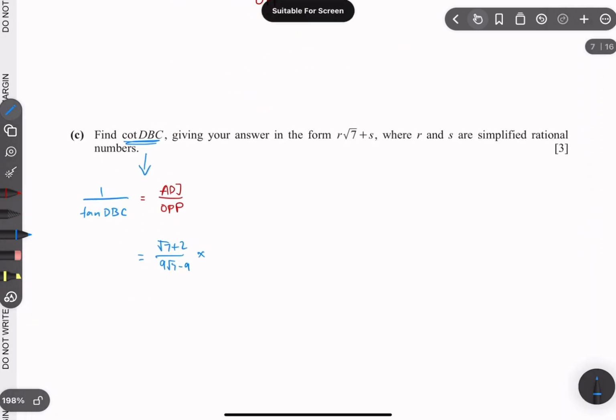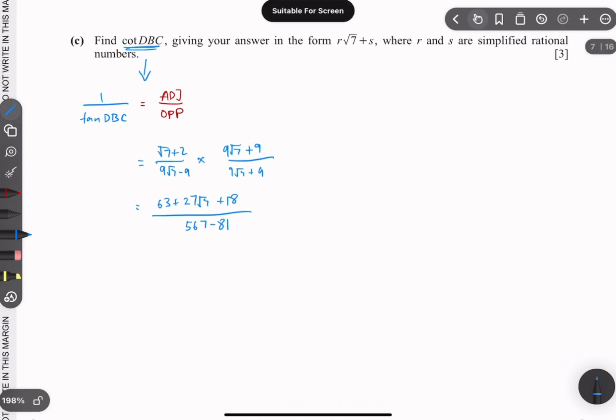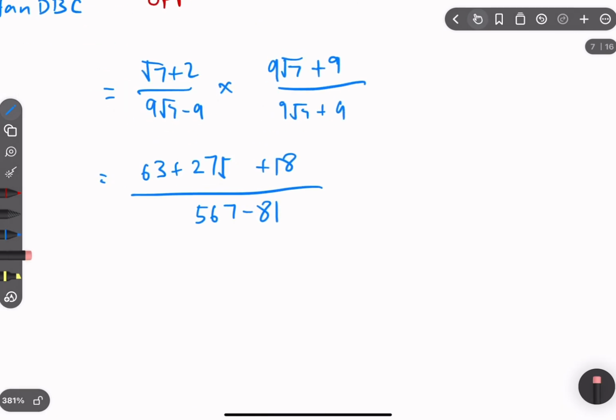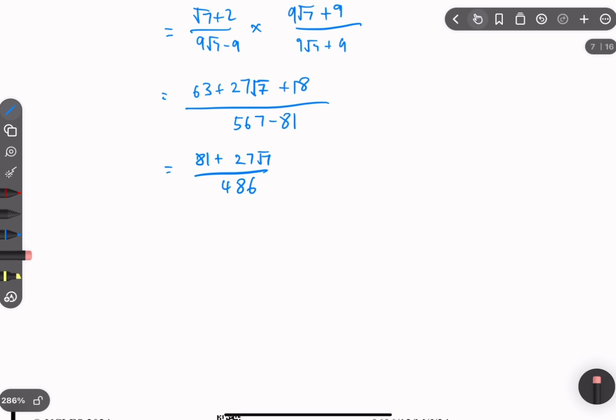And now we just rationalize the denominator. Okay, and we can simplify this by taking out a factor.